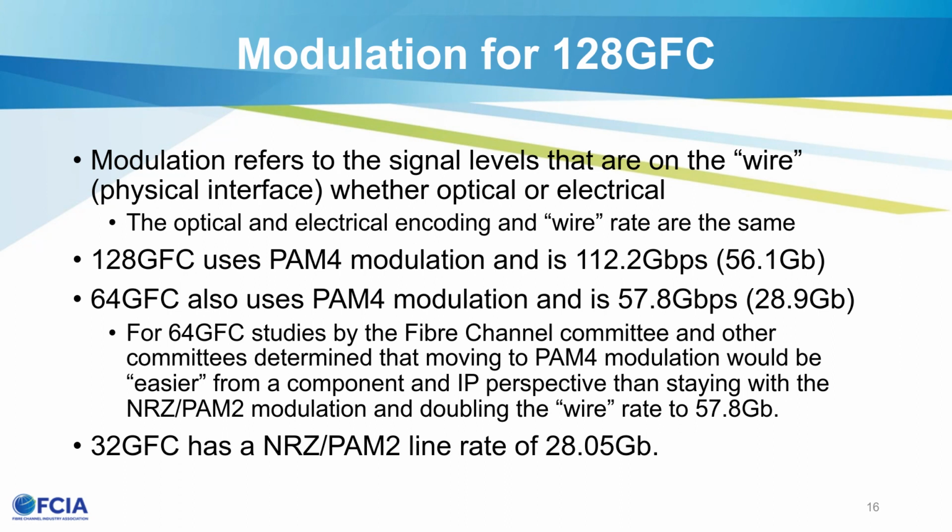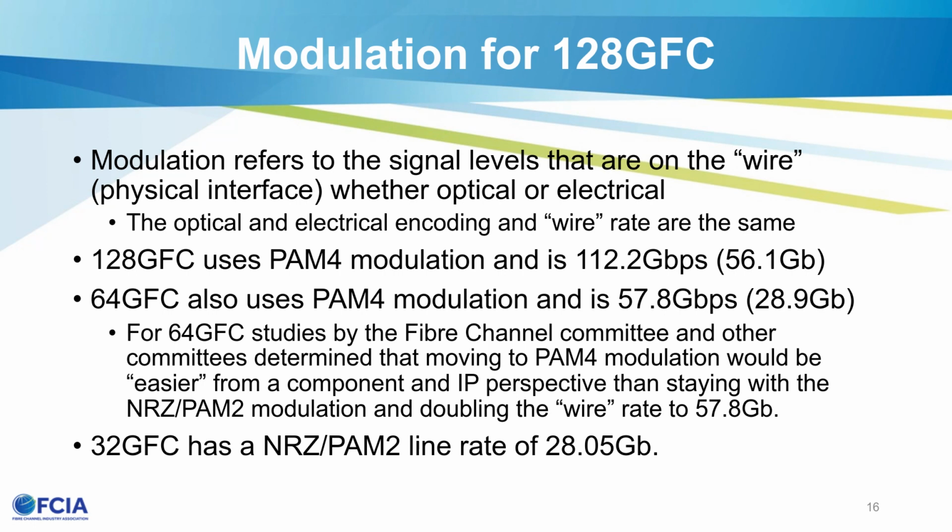So for 128 GFC, the module would get electrically in basically a PAM4 modulated signal at 112.2, and it will generate on the fiber an optical signal that's 112.2 PAM4 also. And 64 GFC basically was exactly the same thing.